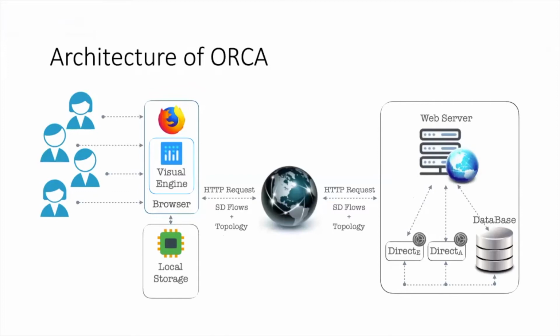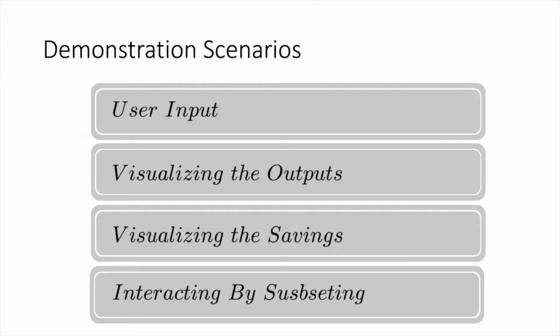We compute the source-destination traffic, and the results are sent back to the client browser where they are rendered for visual interaction with the user, and thus this completes the cycle of Orca. We put together four scenarios showing how to generate the user input, visualize the output, visualize the savings, and interact by subsetting. These are the scenarios that we are showing.